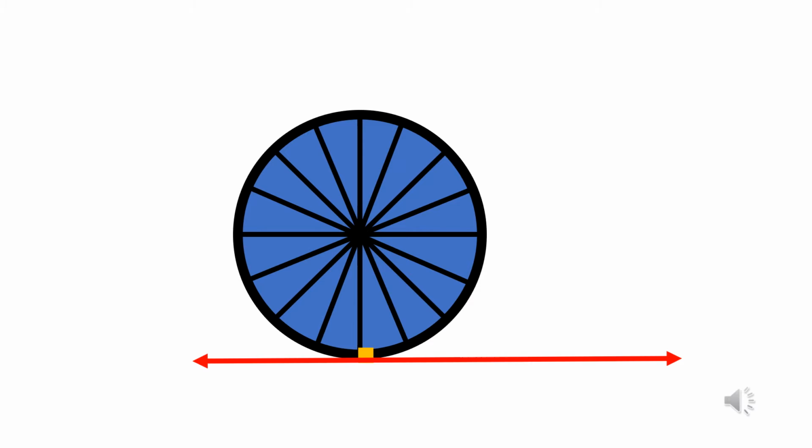Whenever the wheel moves, we shall notice that the radius which comes to the point of contact of the tangent becomes perpendicular to the tangent.